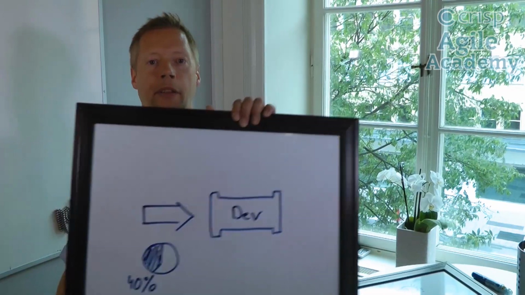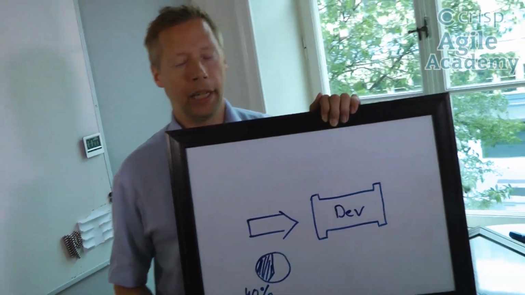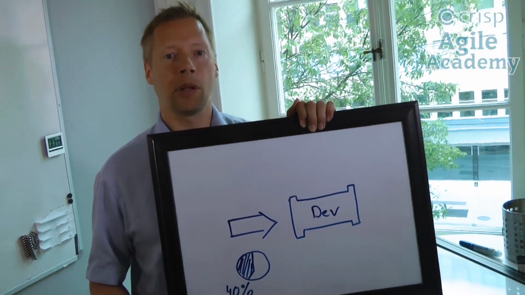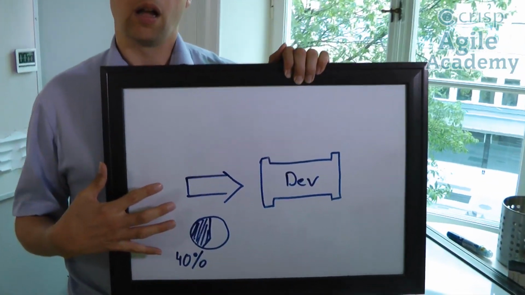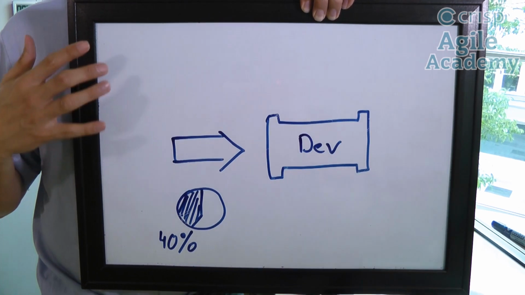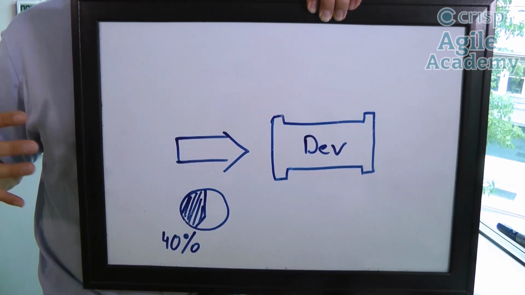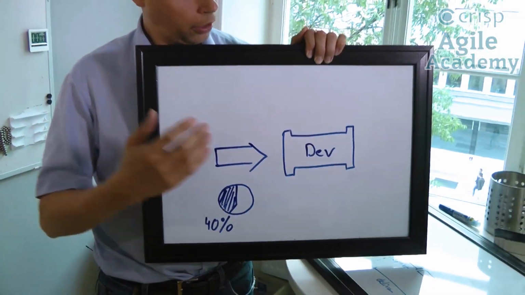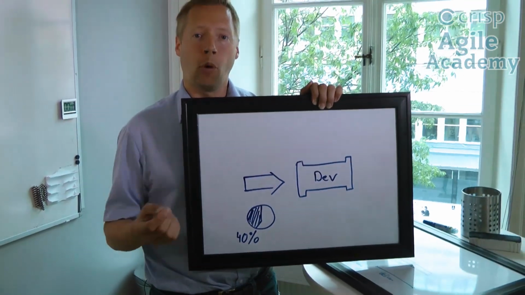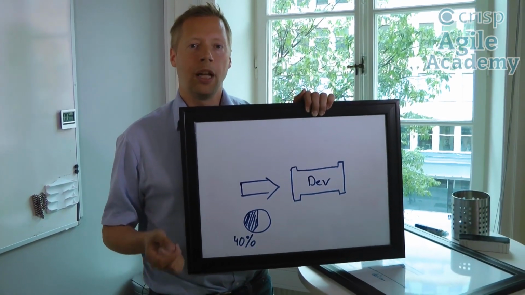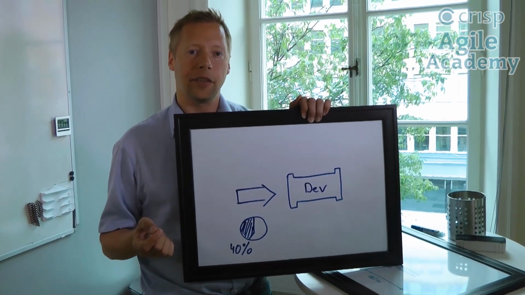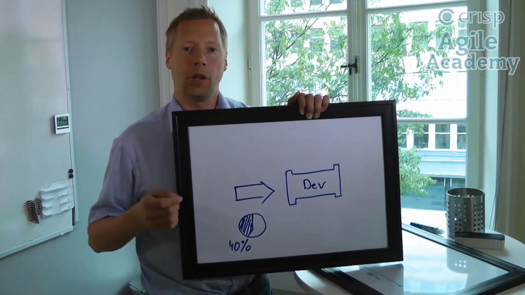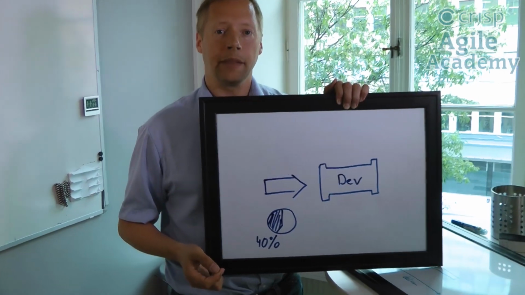The first learning that we had in one of these situations was that 40% of all the features and all the product ideas that we fed in to our development, that before was described as user stories, missed some essential details that they needed to have for us to actually start developing it.